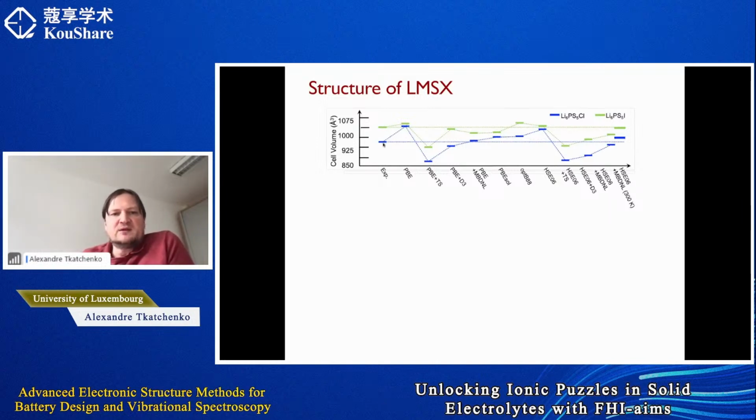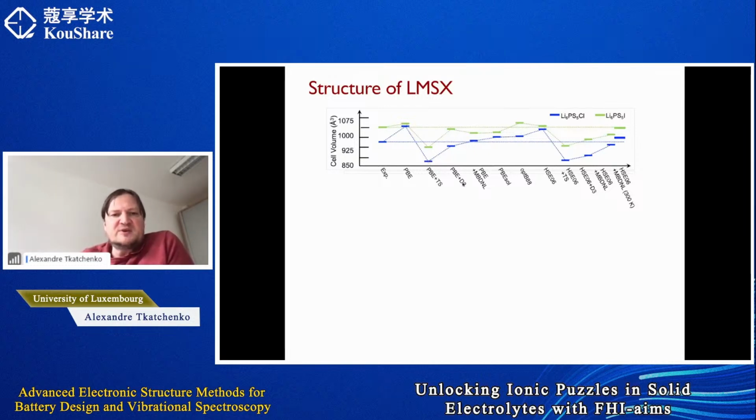The experimental volumes are in blue and green here on the left. You can see that semi-local functionals, PBE or HSE, give pretty bad results. If you include van der Waals interactions, for example using the Tkatchenko-Scheffler approach, you overstabilize those frameworks, although the difference in volume between the two materials seems to be accurately captured.